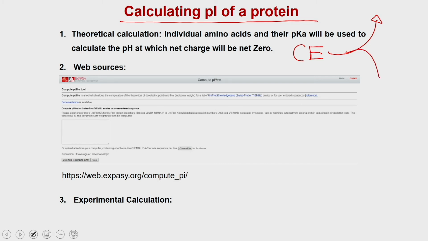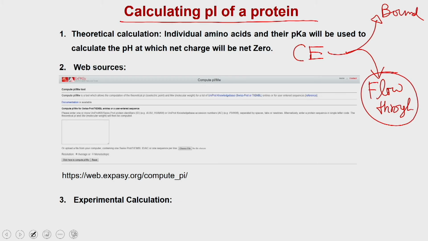You are going to get 2 fractions: the bead bound fraction, and the flow through. Since the genomic era was not there, suppose you are purifying an enzymatic activity, what they were doing is testing the activity in both of these fractions.